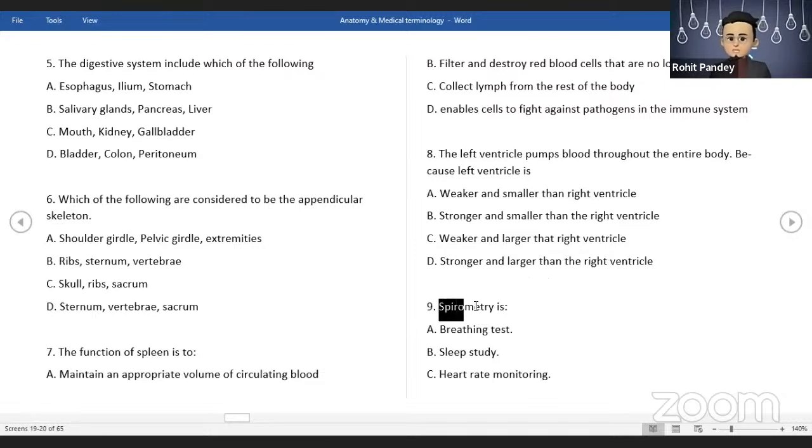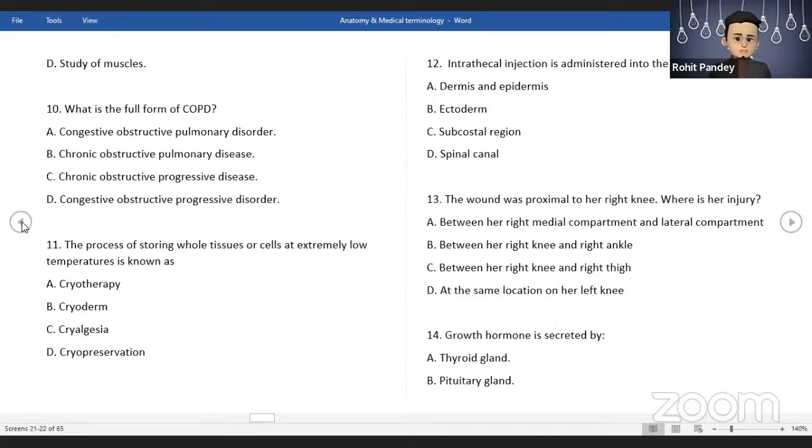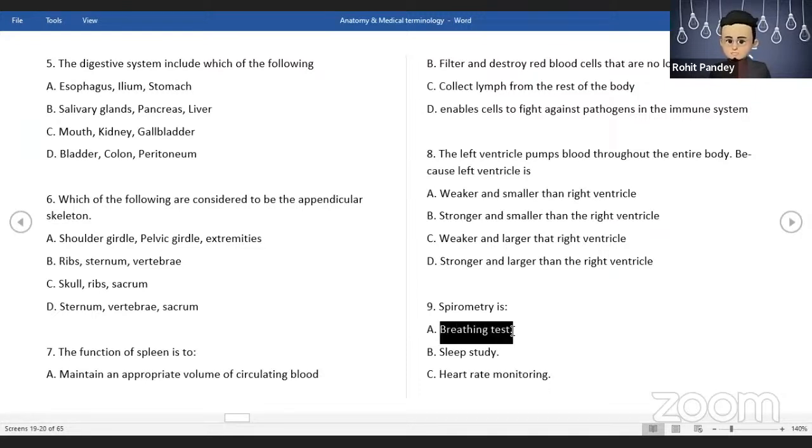Now, spirometry is: a breathing test, a sleep test, a sleep study, heart rate monitoring, or a study of muscles. Spirometry is a breathing test.